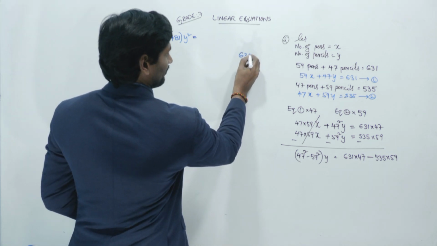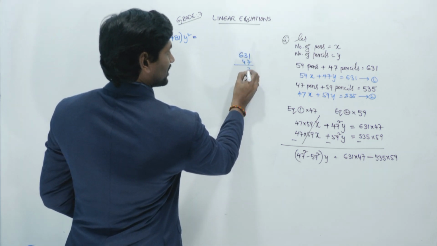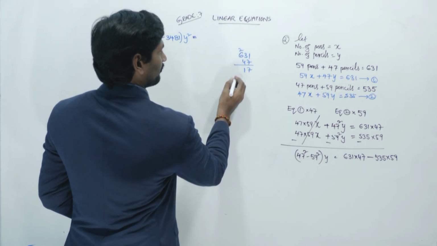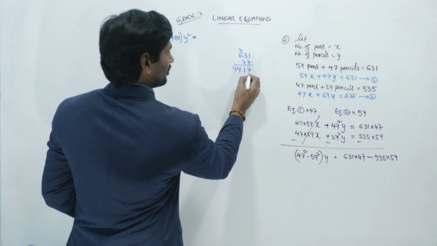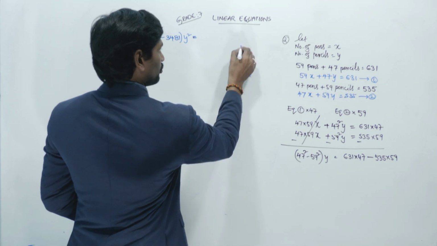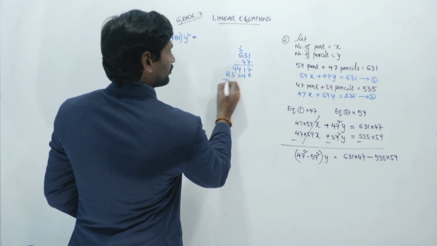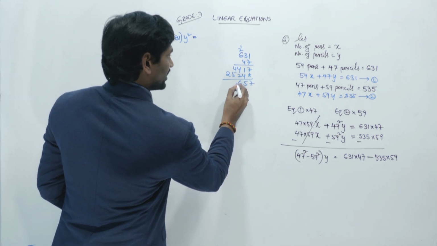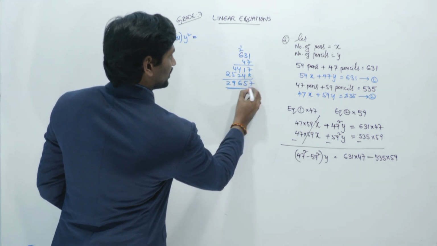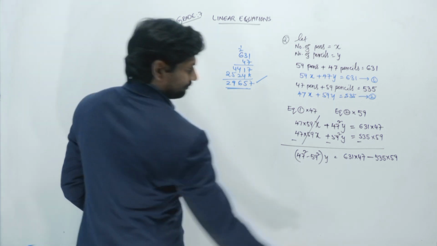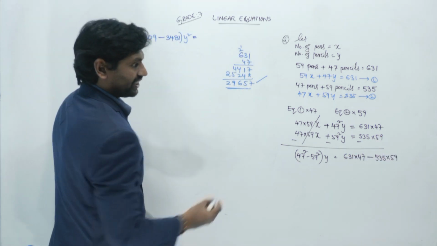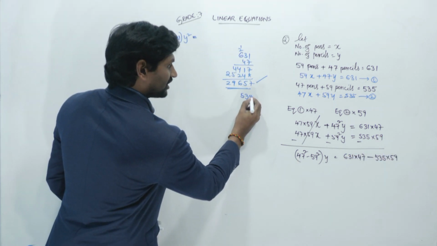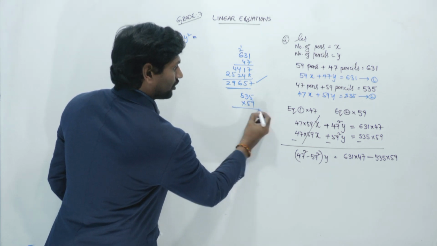631 into 47. So 7 ones are 7, 7 threes are 21, 7 fours are 28 and so on. So 4 ones are 4, 4 threes are 12, 24 plus 1 is 25. Okay. So this will be 29657. This is one of the values. Now multiply these two. 535 into 59.